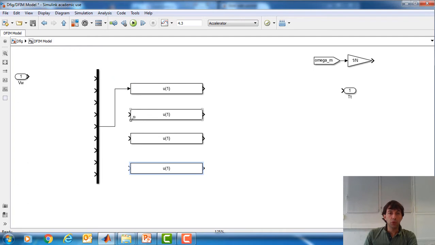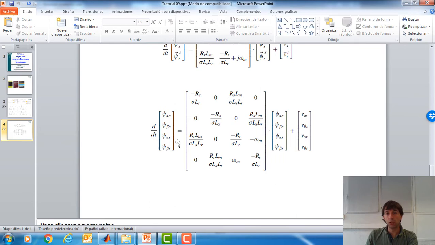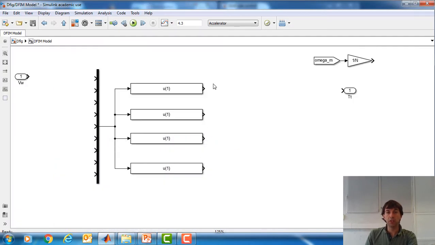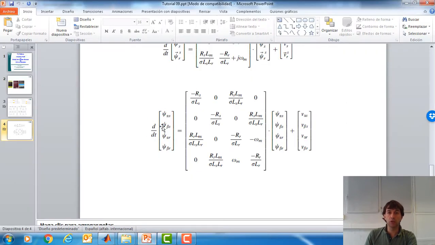That will be the inputs, 2, 3, and 4. Then this will be the derivative of the fluxes, and we will need to integrate in order to obtain the actual fluxes.